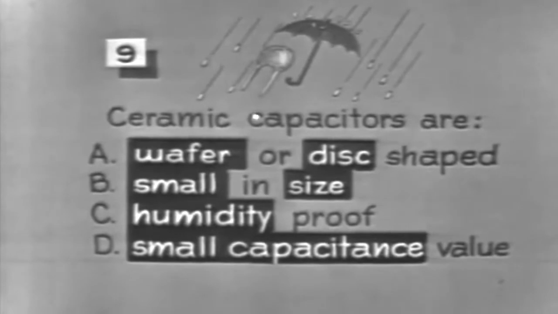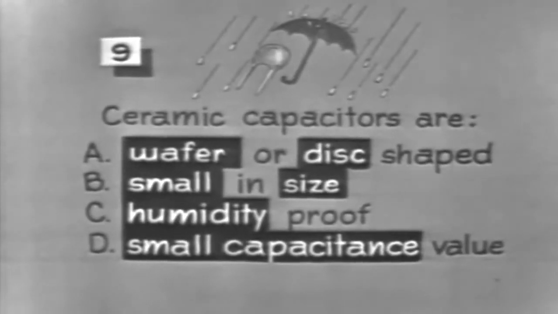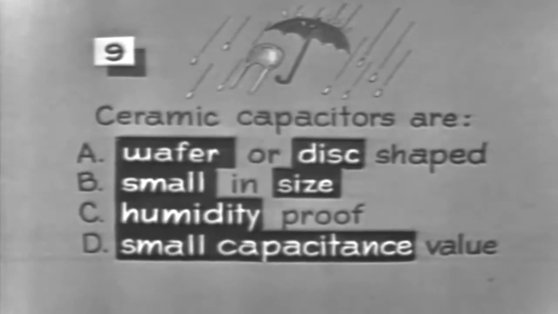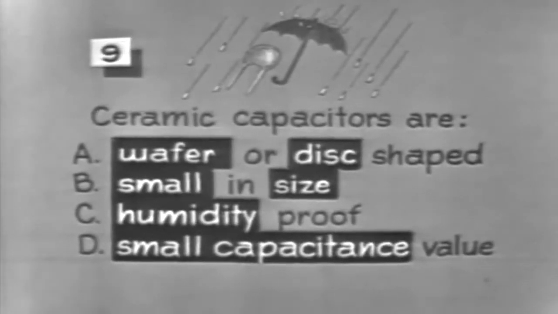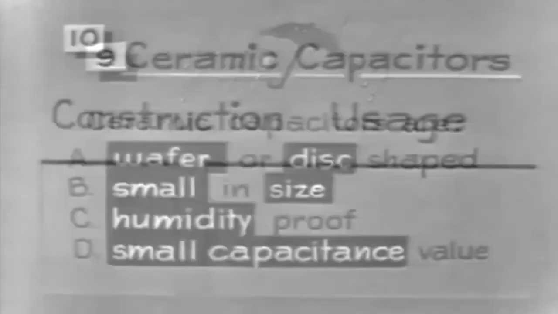The desired answer in this case is ceramic capacitors are wafer or disc shaped, small in size, have small capacitance, and are humidity proof. Any order is okay here. Now try number 10.